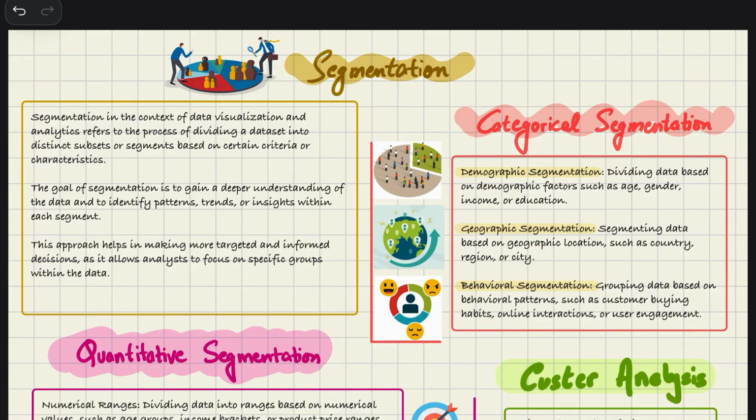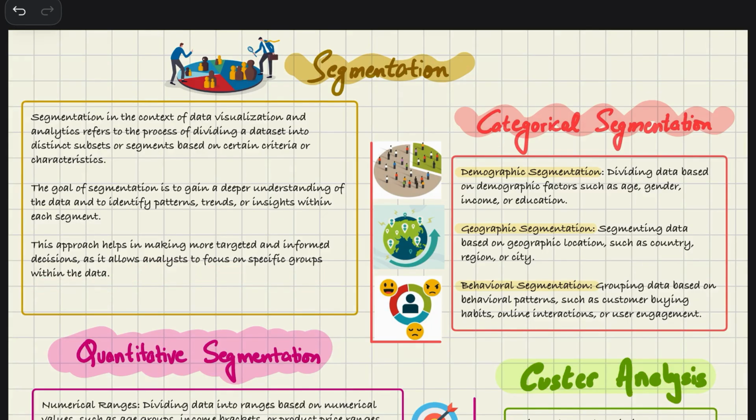So it refers to the process of dividing the dataset into distinct subsets, or we can say segments, based on certain criteria or characteristics, right? The goal is to gain a deeper understanding of data and identify the pattern, trend, or insight within the segment. This approach helps us make more targeted and informed decisions, and it allows analysts to focus on the specific group.